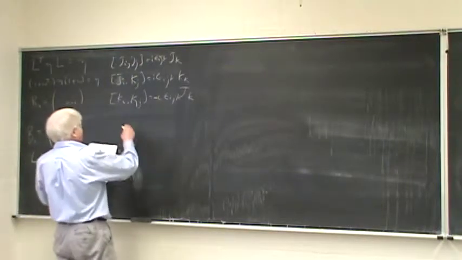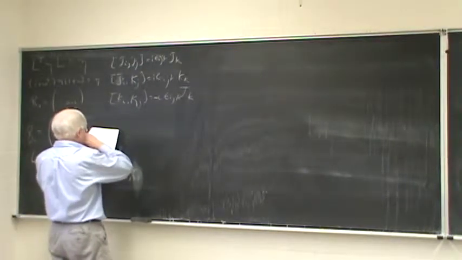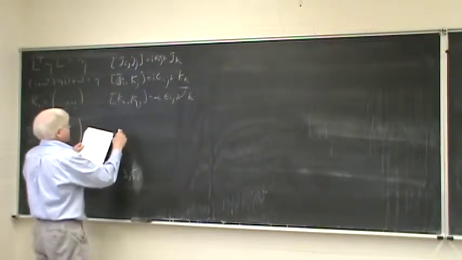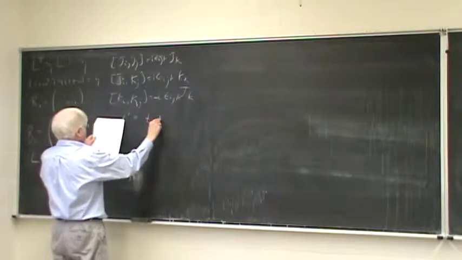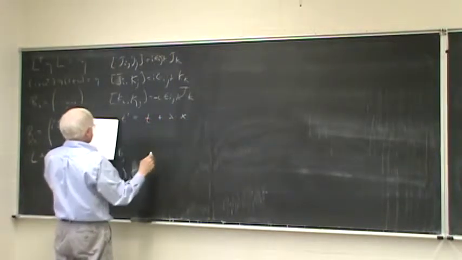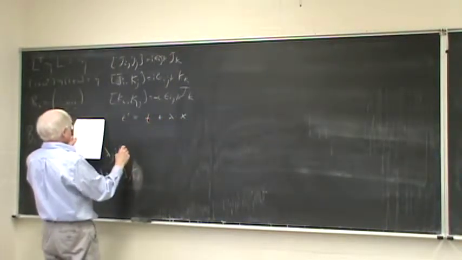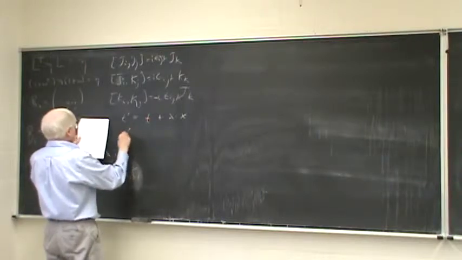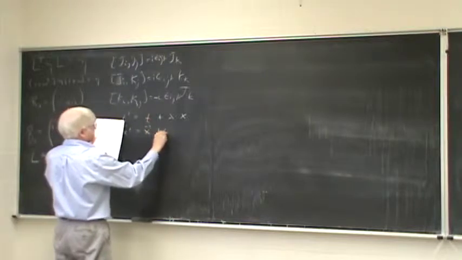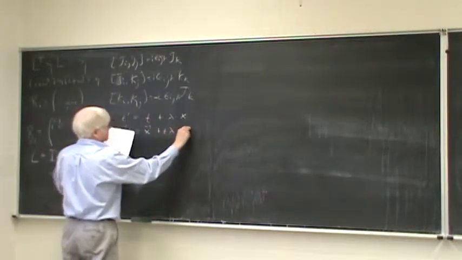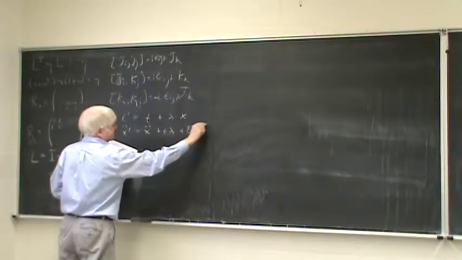The way a four-vector transforms is this way. On an infinitesimal transformation, you have an infinitesimal boost, lambda, and the space part is x plus t lambda plus theta crossed into x.